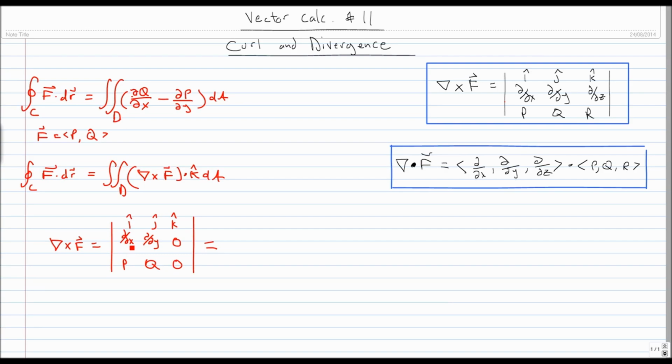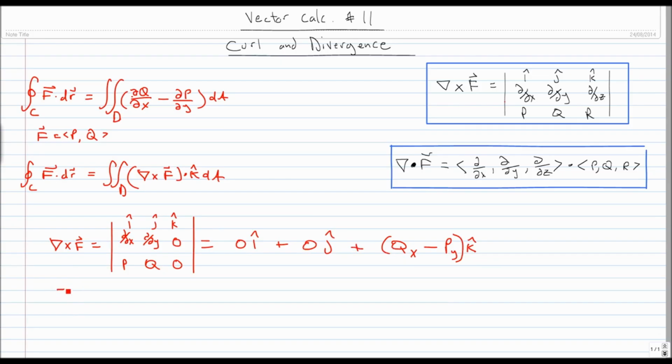if you were to calculate this, you could see that the component in the i hat direction is going to be 0 minus 0. The component in the j direction is going to be 0 minus 0. And then the component in the k hat direction is going to be exactly what we wrote up here: 0 in the i hat direction plus 0 in the j hat direction plus that term there in the k hat direction.